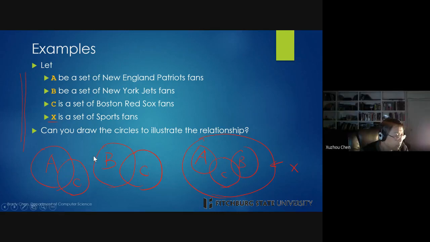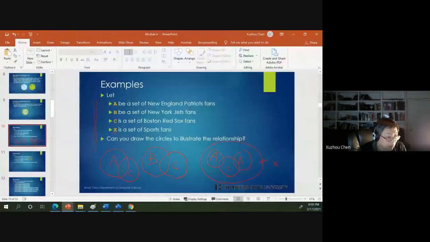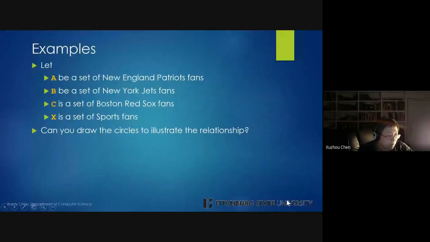Let's take a look at the following example. Let me erase this. Let me first take away all these things.